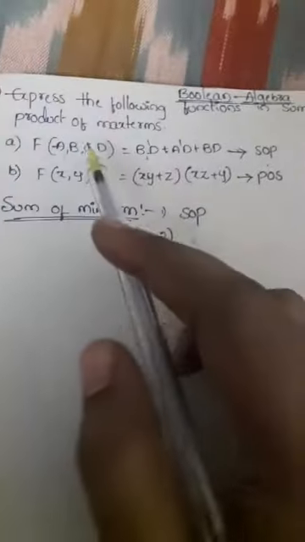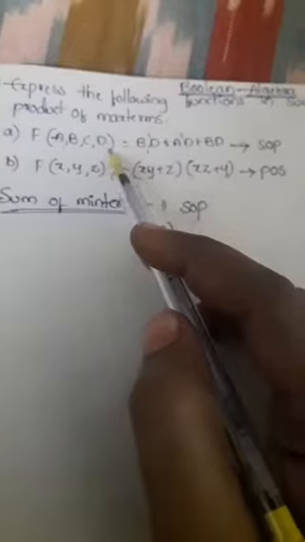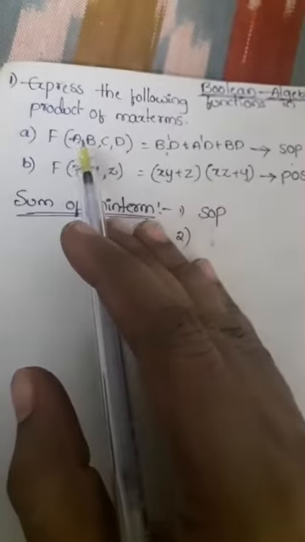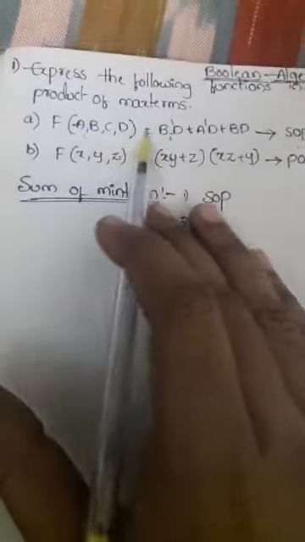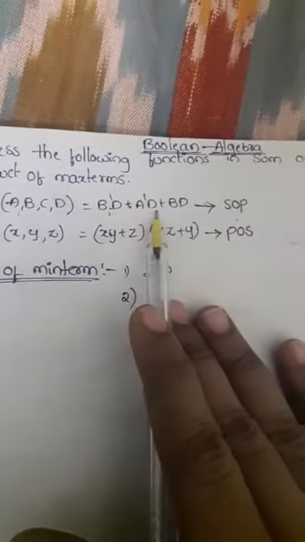What is the second rule? Each term in the equation is inspected to see if it contains all the variables or not. First check how many variables we have for this function. I will take this example: f of a b c d consists of four variables, so each and every term must contain all four variables.